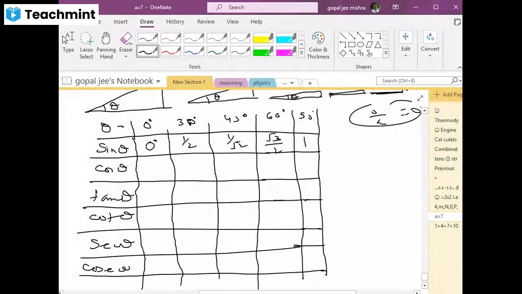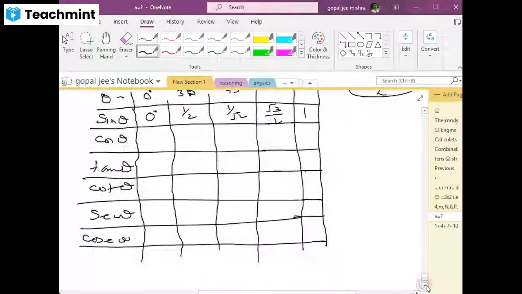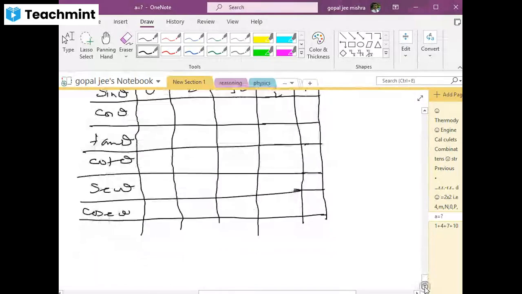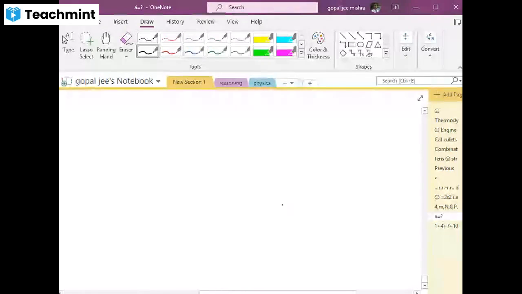That is very important, beta, and these values must be correct. No mistake is allowed. If you put an erroneous value, you will get an error in the result, and you will gain no marks after that. So that is the trick I have discovered, and this is my own trick, beta.